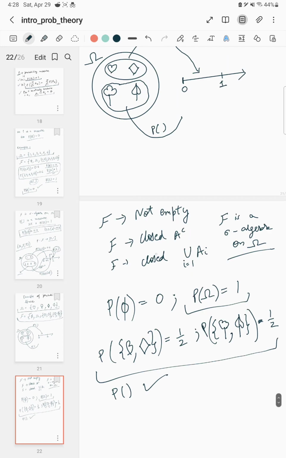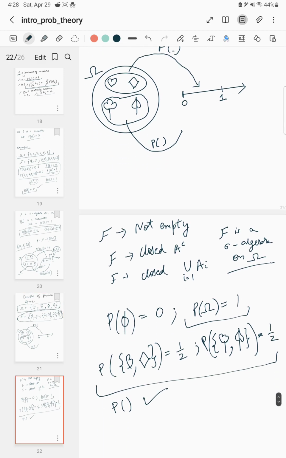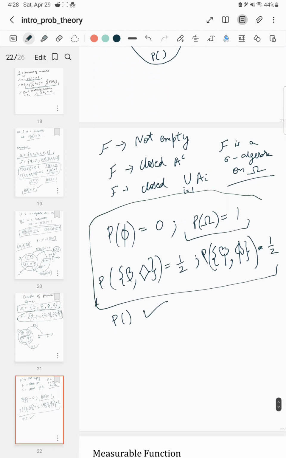In this example, the sample space is these four types of cards, the sigma algebra F is defined with phi, omega, black cards, and red cards, and the probability measure is defined as: P of phi is 0, P of omega is 1 by the property, the probability of getting a red card is half, and the probability of getting a black card is half.